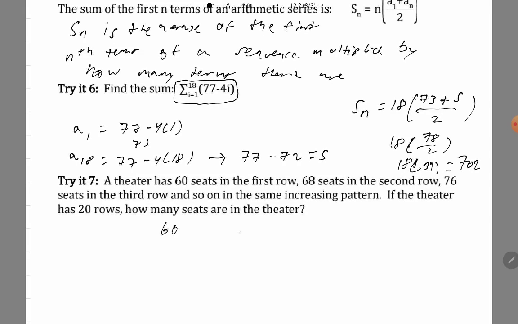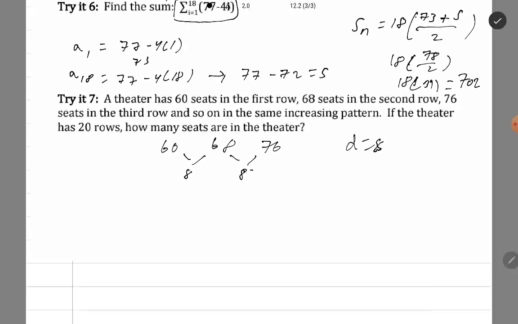So we have 60 in the first row, 68 in the second, 76. Obviously this is arithmetic because we're in the arithmetic section. So that means they should have a common difference. In this case, d equals 8. We know that a1 is 60.